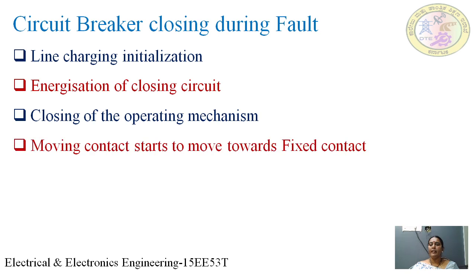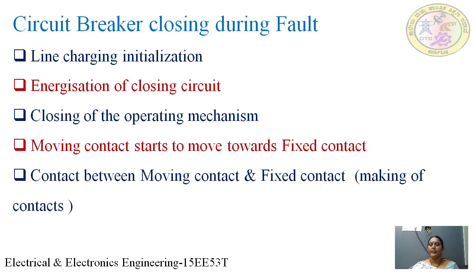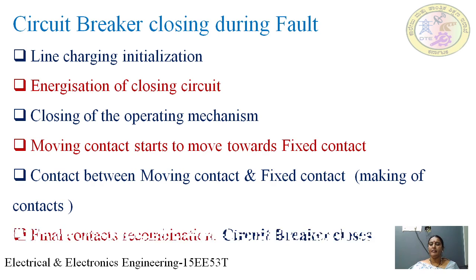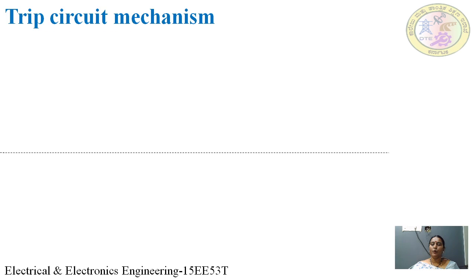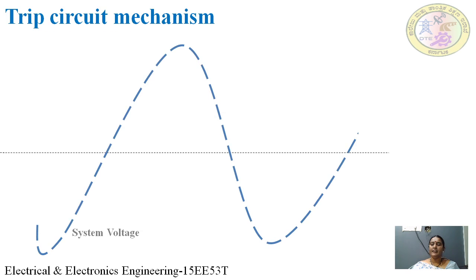Next, the moving contact starts to move towards the fixed contact, and there will be contact between the moving contact and the fixed contact, and finally the contact gets established, that is, the circuit breaker closes. Consider its waveform shown in the monitor.